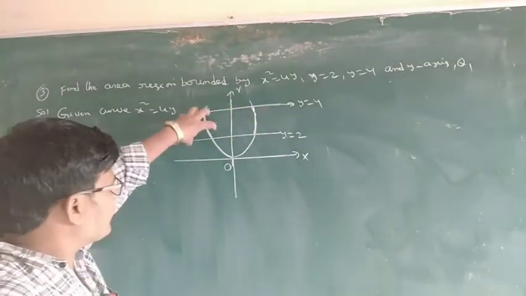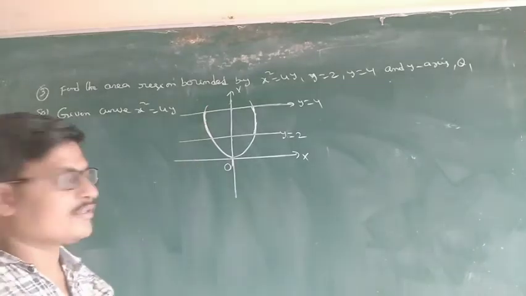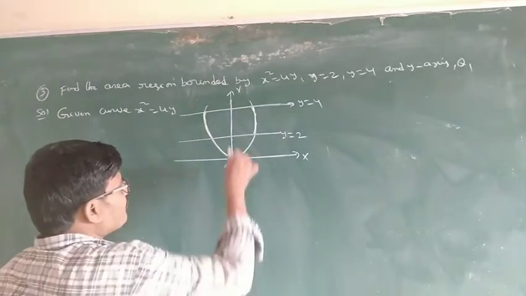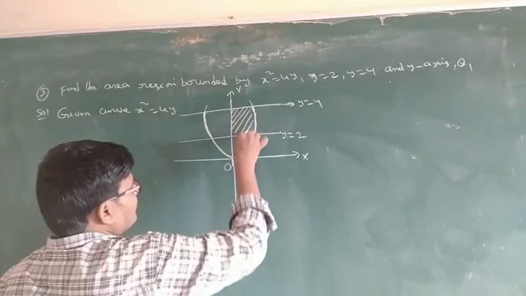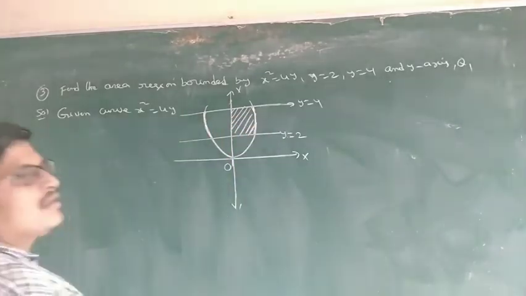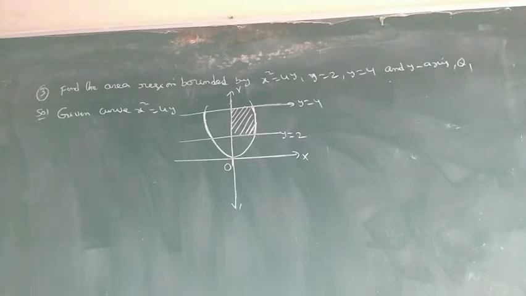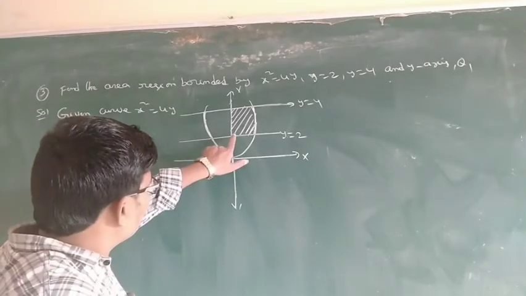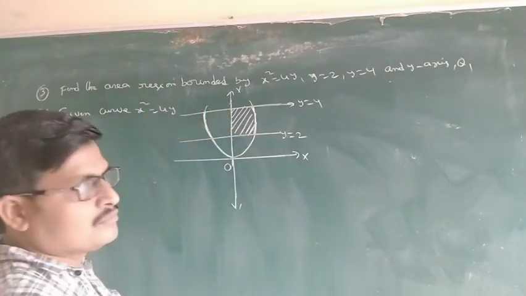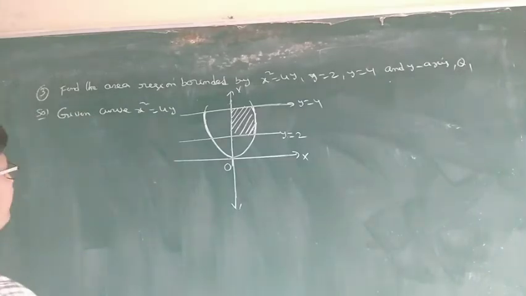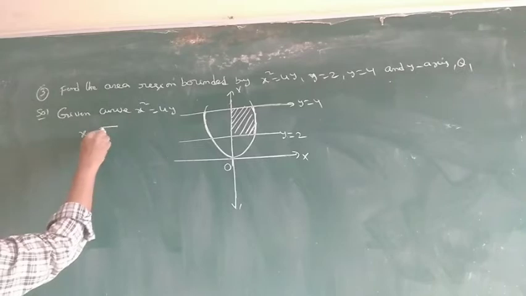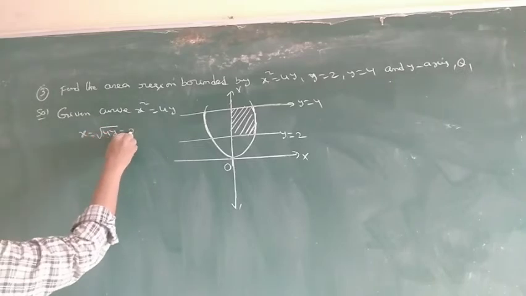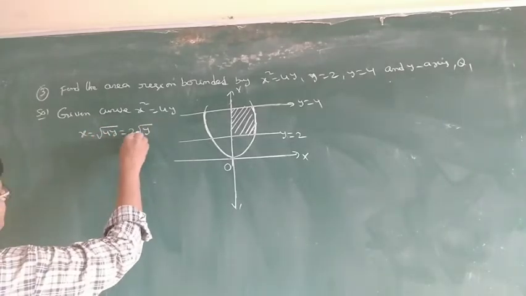This is the first quadrant, second, third, fourth quadrant. In the first quadrant means we have to find the area only here. What are the limits? 2 to 4. x is equal to root 4y, that is equal to 2 root y.